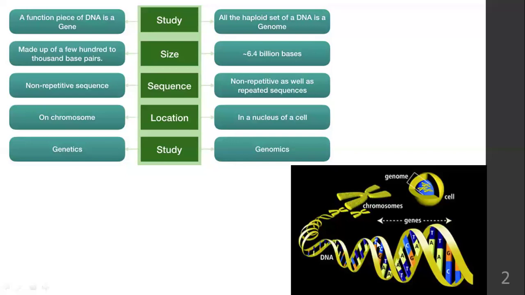Two ribbons running parallel means it is DNA. If we take only one of these yellow ribbons, that is RNA. Two RNA ribbons come together and form a DNA. DNA also has a sequence from point A to point B. That would be one DNA sequence.